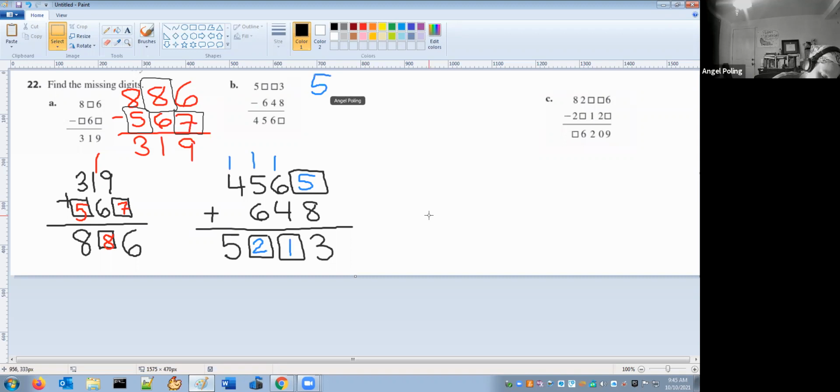5, 2, 1, 3, take away 6, 4, 8 is, if we do the work, right? 8 from 13 is 5. 6 from 10, 4 from 10 is 6. And then 6 from 11 is 5 with a 4 in the thousands place.